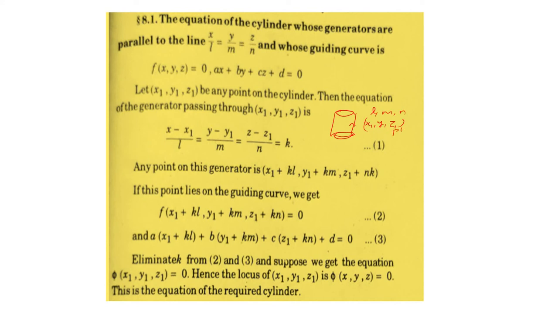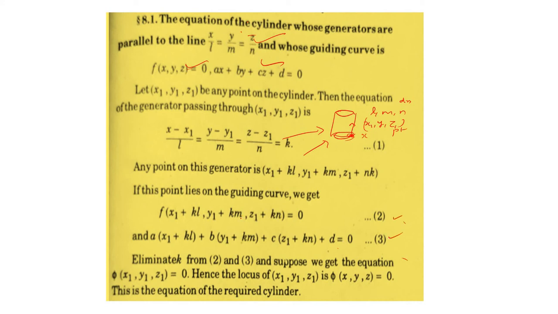So a point and the DCs or DRs are known, and we can write out the equation. Having got any point on it as this, it has to lie on the guiding curve as well, that is, on both the plane and the surface. That is why we have equations 2 and 3.